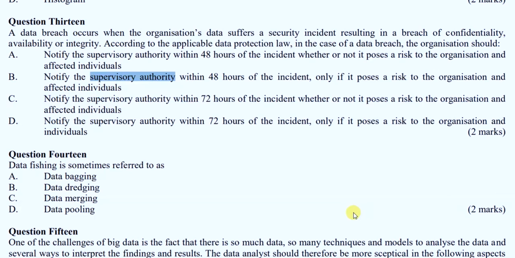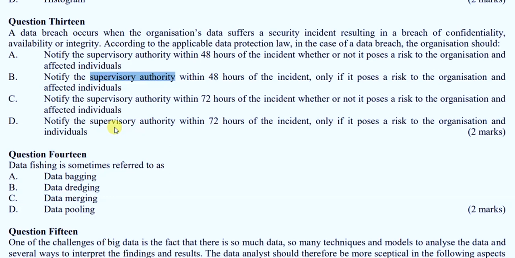Where personal data has been accessed or acquired by an unauthorized person and there is a risk of harm to the data subject, a data controller is required to notify the data commissioner without delay, within 72 hours of becoming aware of it. All right? Candidates, I would advise you to familiarize yourself with the Data Protection Act of Kenya, because that is where you are most likely to practice.